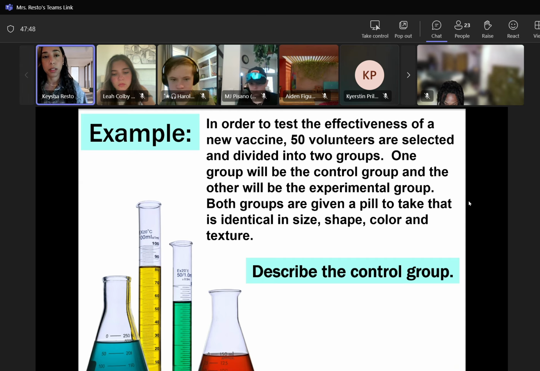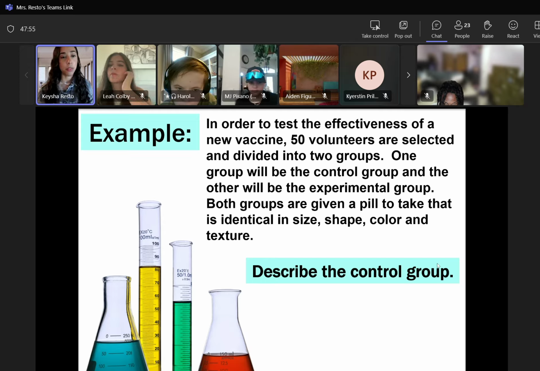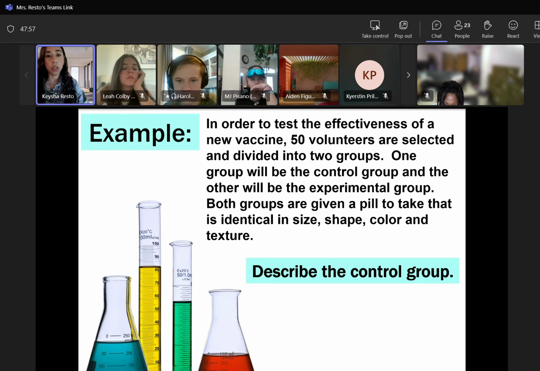We have two groups, 25 and 25 volunteers. All of them receive the same pill with the same size, shape, color, texture, but one group will receive the medicine in it, the other one has the pill, but there's nothing in it. So which one will be the control group?